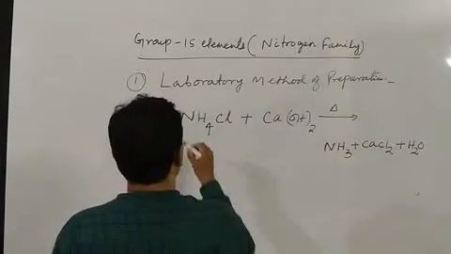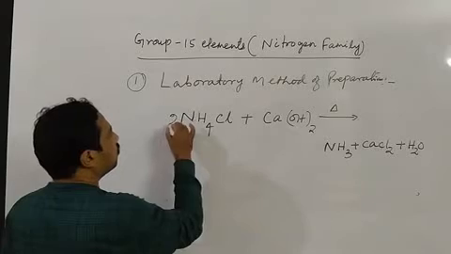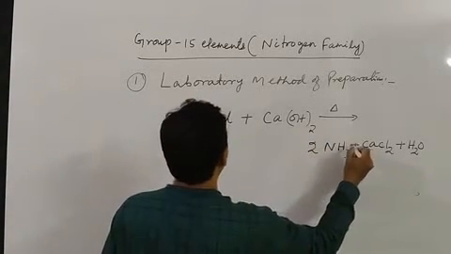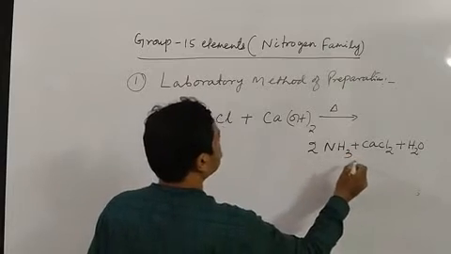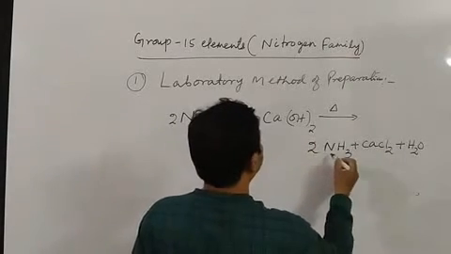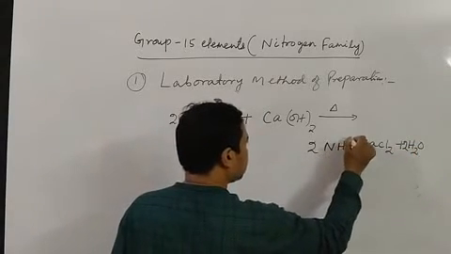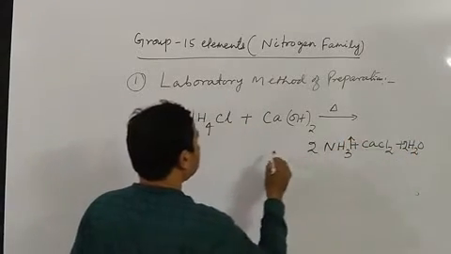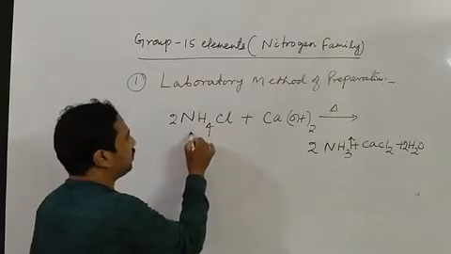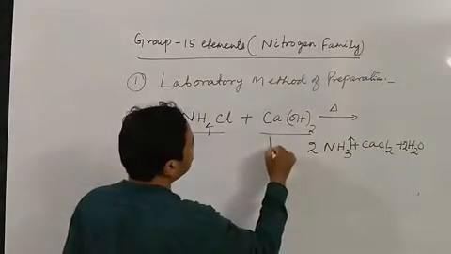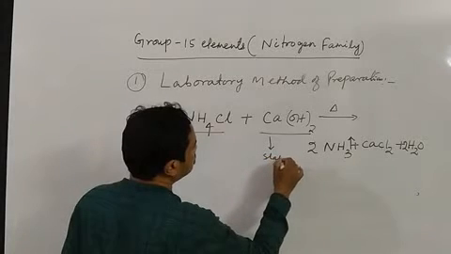It is balanced as 2, 2, 1, 2. Ammonia is formed by heating ammonium chloride salt with calcium hydroxide, or slaked lime.